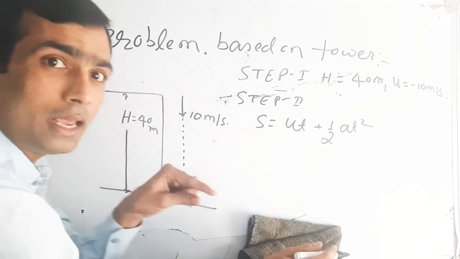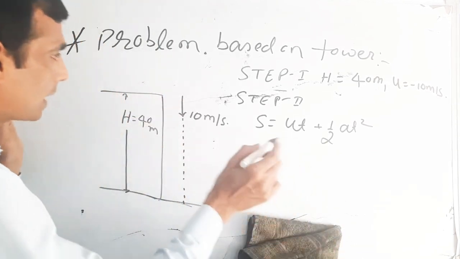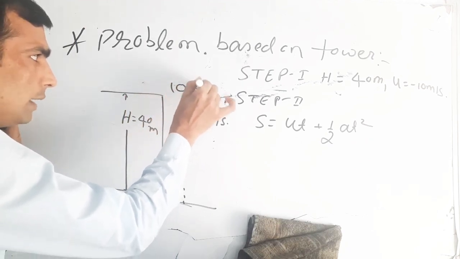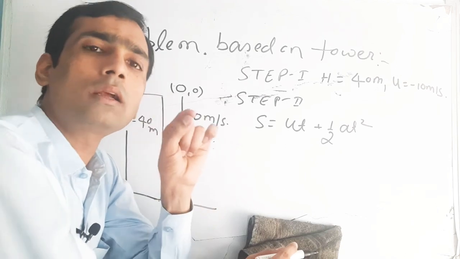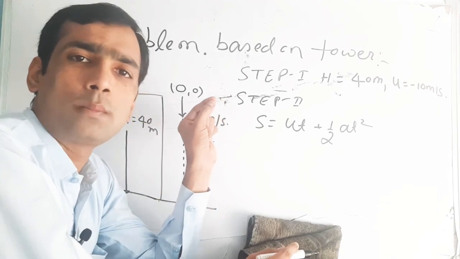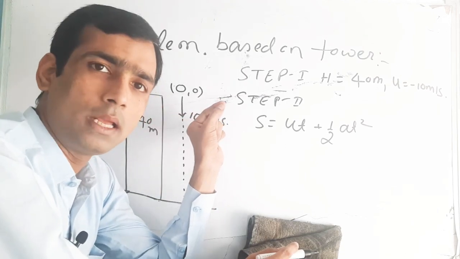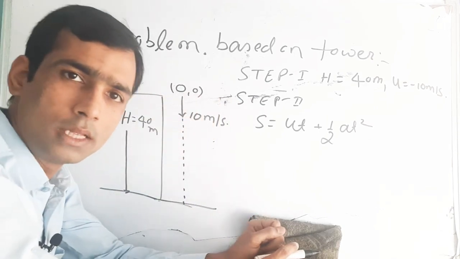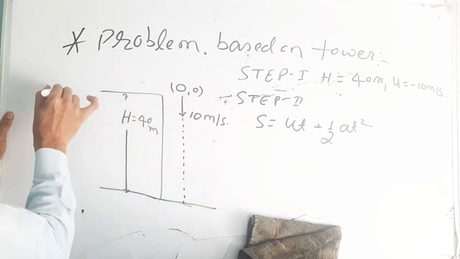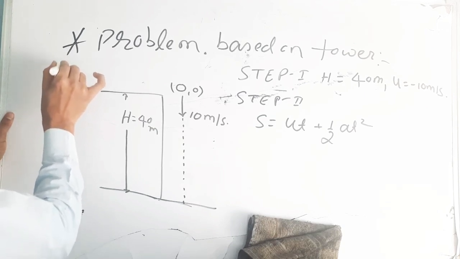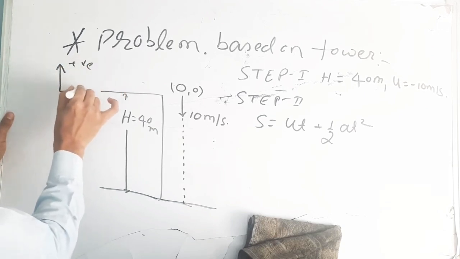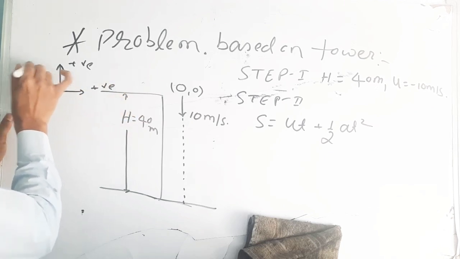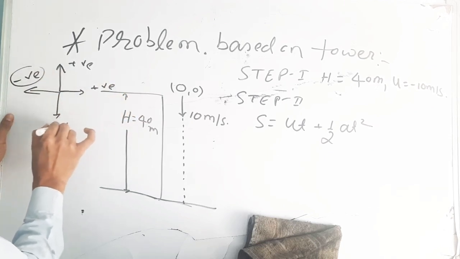Here is a remarkable point you can adopt. The projection point is always considered the origin. This is the mandatory condition to solve any question in kinematics in 1D. If this is the origin, the upper part of the origin is positive, the right part is positive, the left part is negative, and the bottom part is negative.